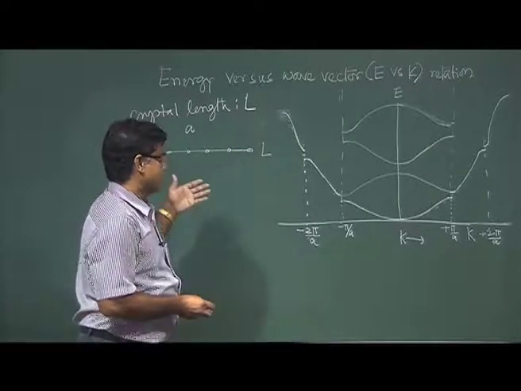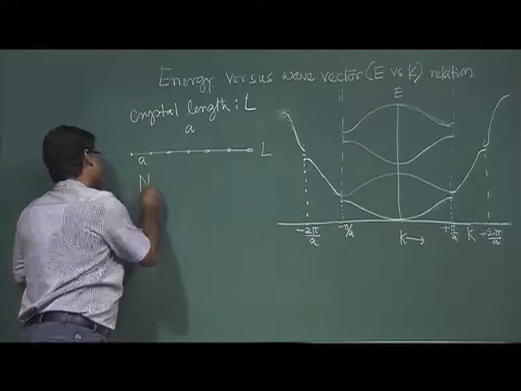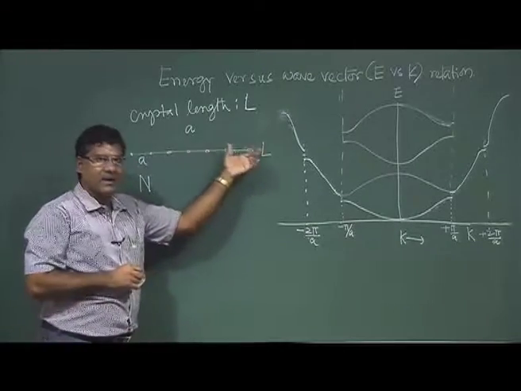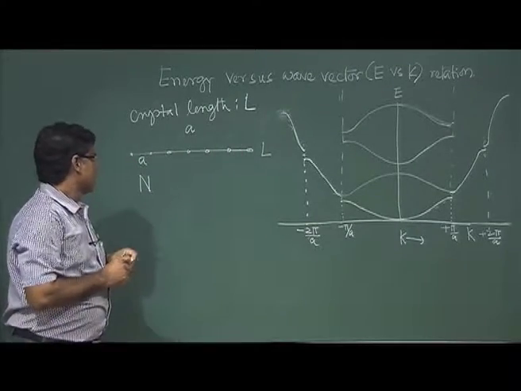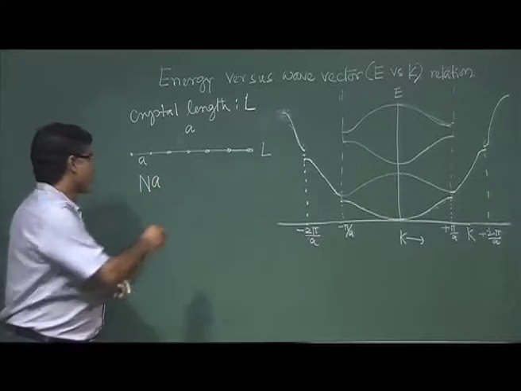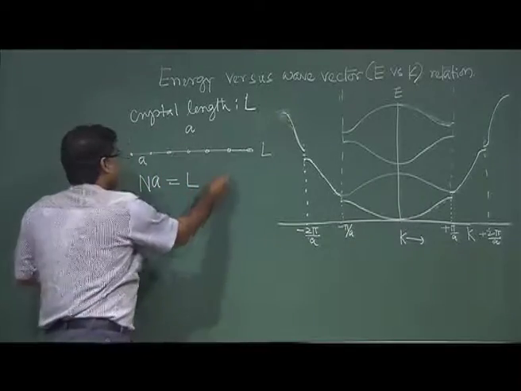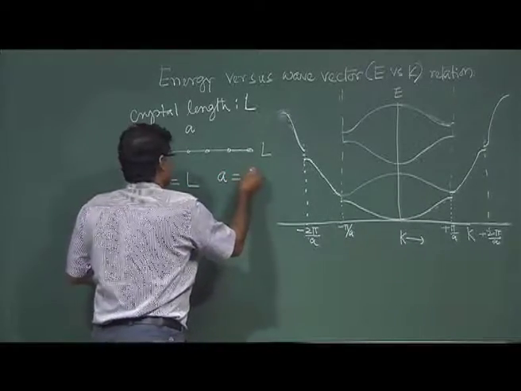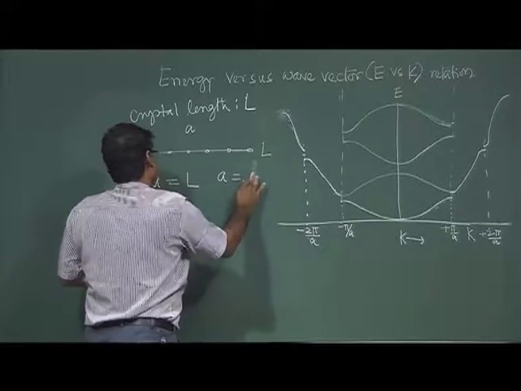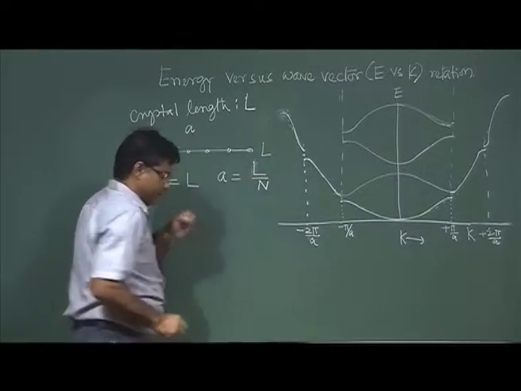So we can say that n number of lattice points are there, means n number of unit cells we have considered. So in that case n a will be equal to the length L, right. So a equals L by n, right.